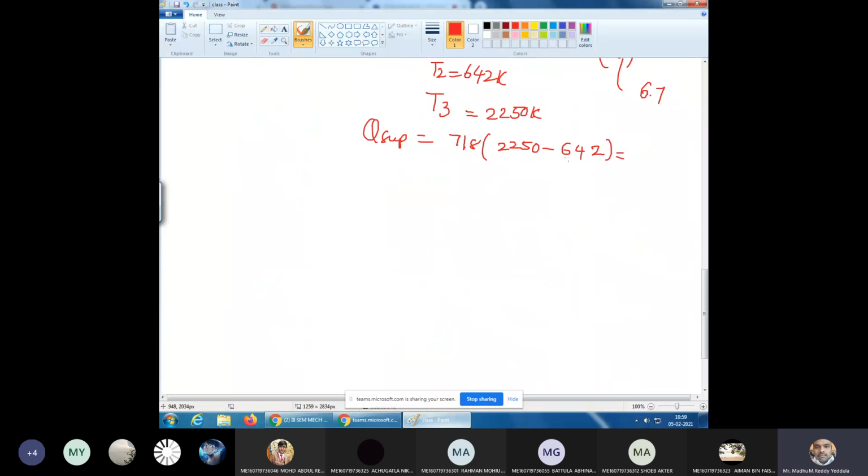How much will it be? The units you will get in terms of joules per kg. Kelvin will be cancelled. Heat supplied per unit mass.